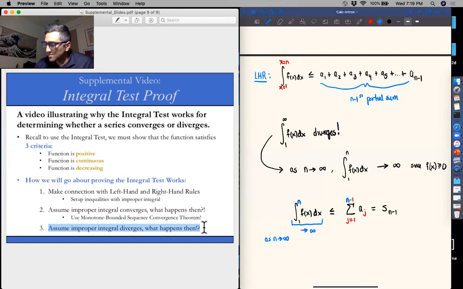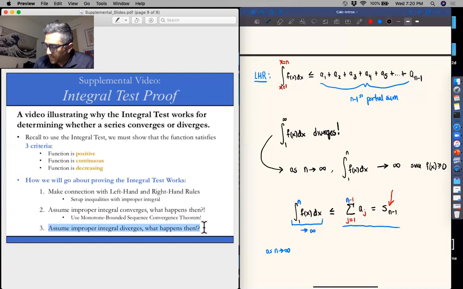So what that implies about this right-hand side is, well, if this right-hand side is always positive and is always greater than or equal to this integral between x equals 1 and x equals n, as n increases, this whole right-hand side must still maintain that same inequality, that it's greater than or equal to the left-hand side. So as n goes to infinity, all of these partial sums must just keep growing and growing.